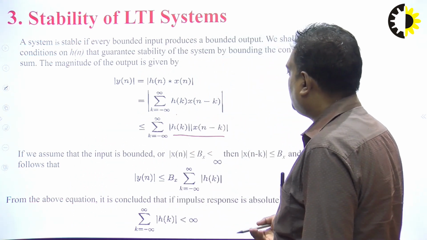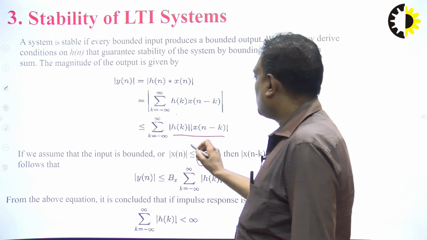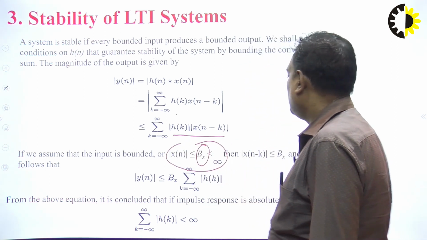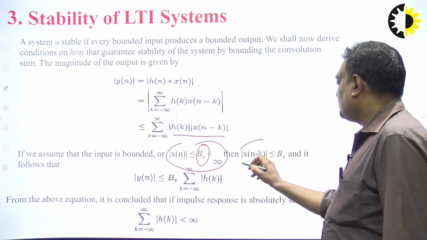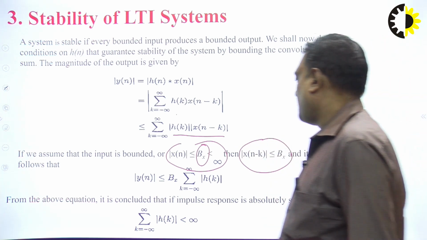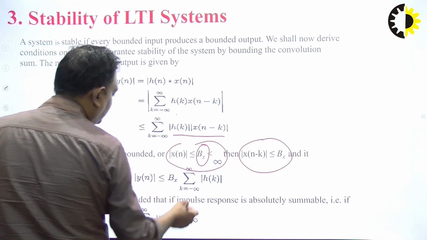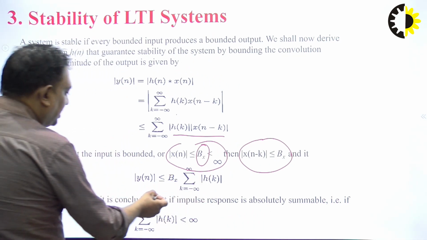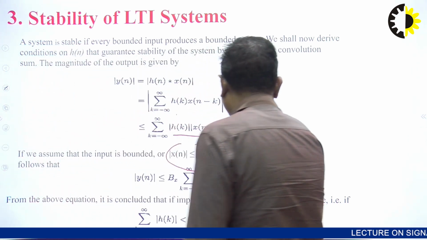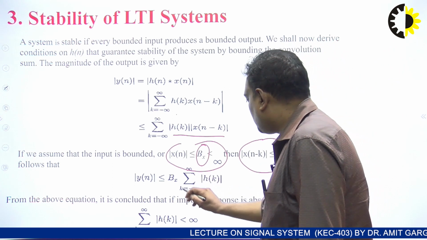Now let us suppose that our input is bounded. So let Bx be a finite value, so the modulus of x[n] is less than infinity, and definitely the modulus of x[n-k] should be less than or equal to Bx. So finally, in terms of the modulus of y[n], we can see it like this. From the above equation, it is concluded that the impulse response must be absolutely summable, so this value should be less than infinity.